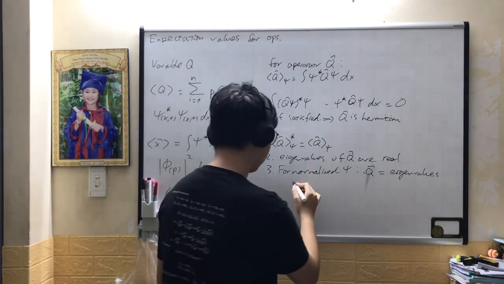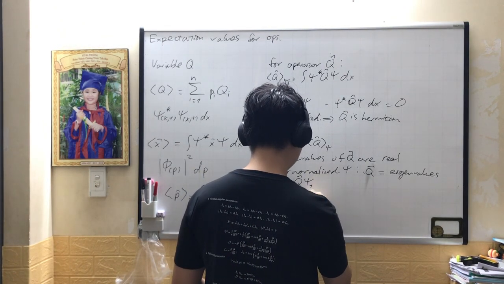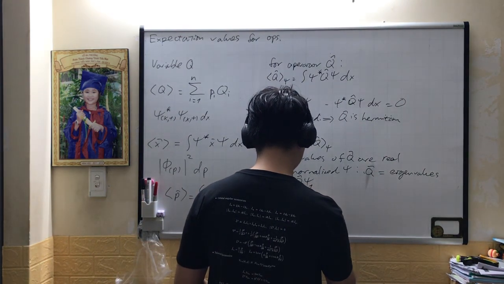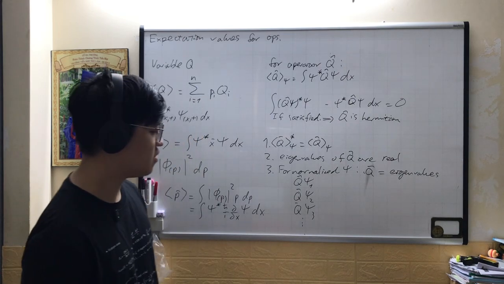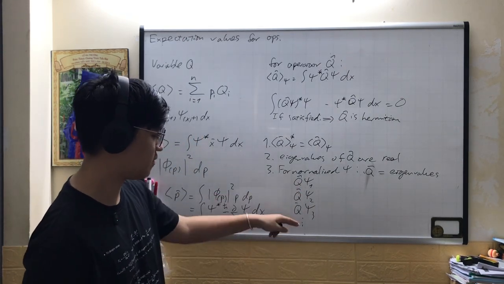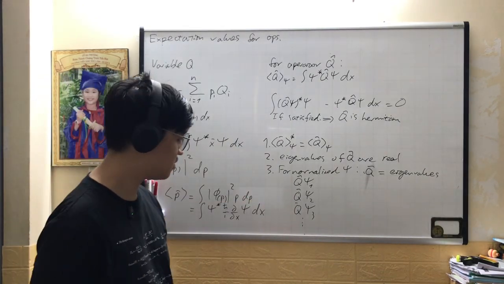So for example, you have Q acting on psi 1, Q on psi 2, Q on psi 3, and so on. Your wave function is the superposition of all of these eigenfunctions.